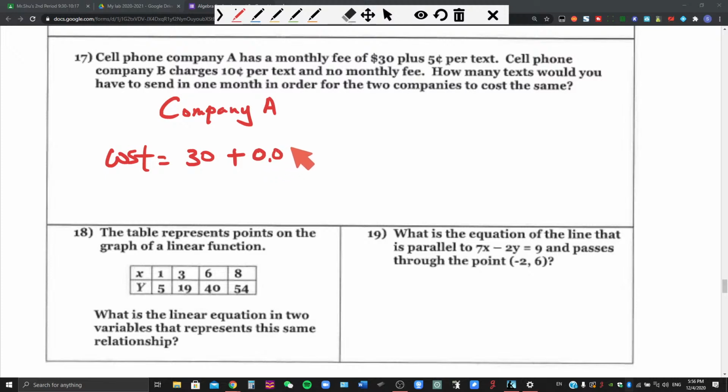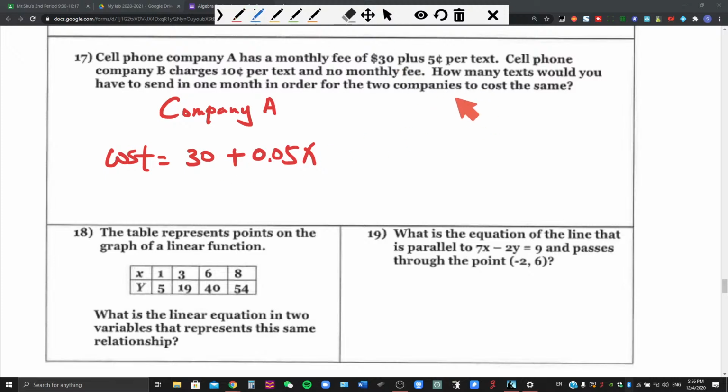That's $0.05. You have to make sure you use the same unit. $30 and $0.05 for each text. And if you send, let's say, x texts, that will be 0.05 times the number of texts you use. So that will be the cost for company A.